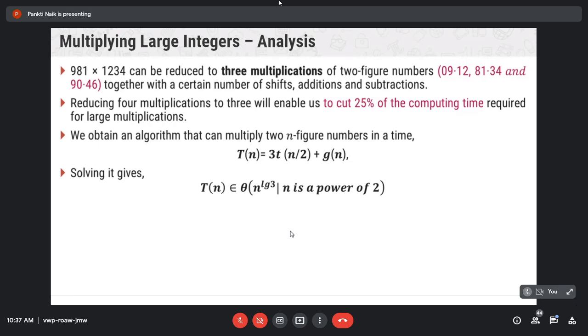So we can obtain an algorithm that can multiply two n-figure numbers in time T(n) equals 3T(n/2) plus g(n). Now solve this equation using the master theorem. So a is equal to 3, b is equal to 2 and f(n) is equal to g(n). So we get time complexity n raised to log 3, where n is a power of 2.